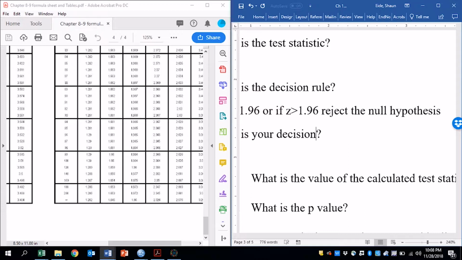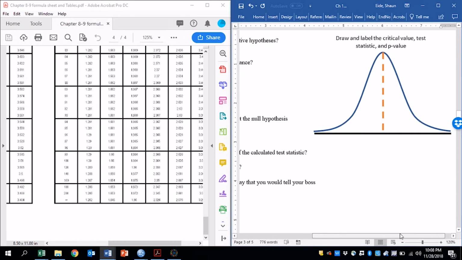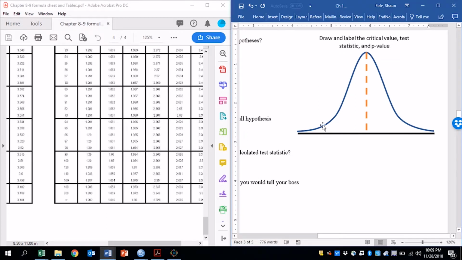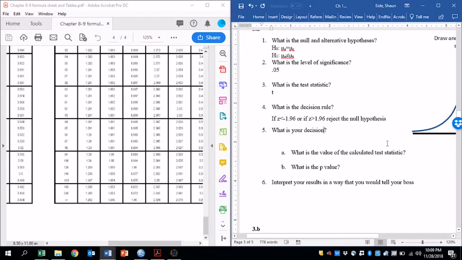There we go. So coming over here, you can draw negative 1.96 and then 1.96. And if the T statistic is beyond that, then we reject the null hypothesis.